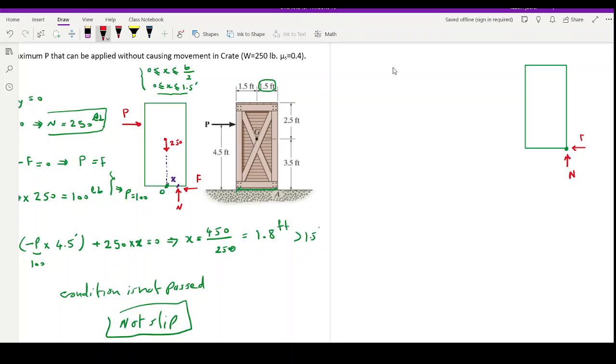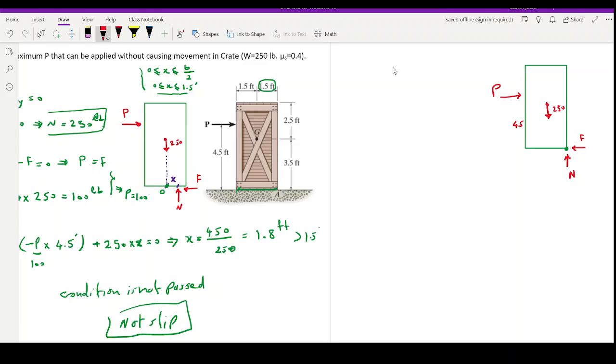So we have F, we have N, we have P, which is at 4.5, and P we don't know yet, and we have 215 here.